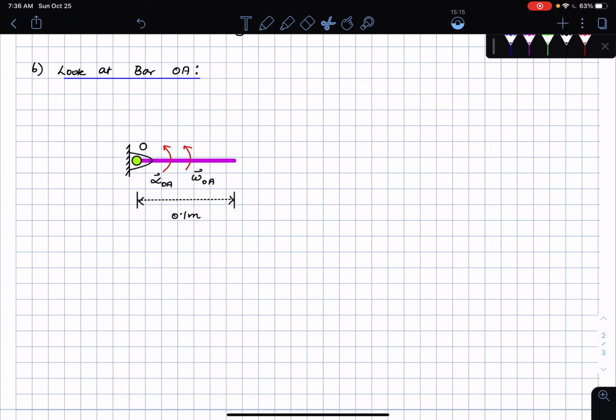So here is my dimension. Here is the point A, which is sitting at the end of this bar here. If you want, you can put in the knob or the pin that was present there. Now, once again, you can see that because point O is a fixed point, point A is going to travel along a circular path around the point O. If I draw a circular path here, this is approximately circular.